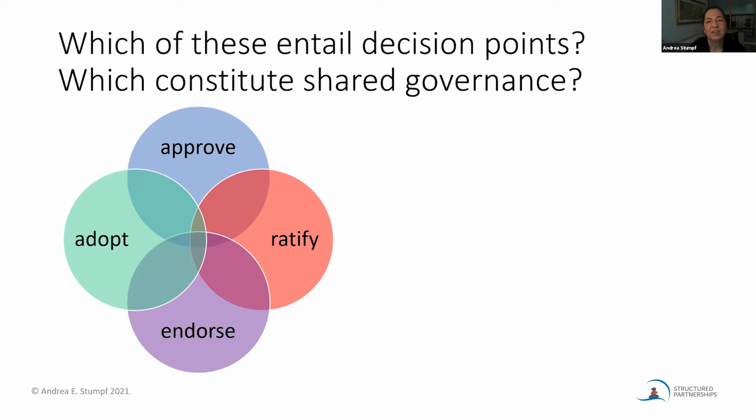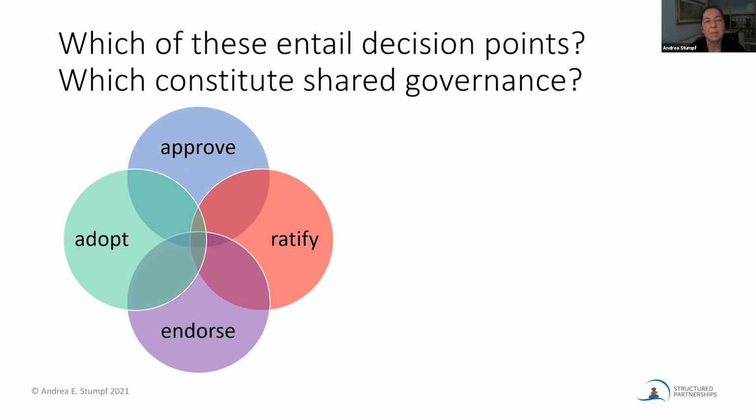You have a leg up because I've already told you in one of the slides that adoption is a form of decision making. So I think you can put adopt and approve in the decision making category. But I wonder what you think about endorsement and ratify.